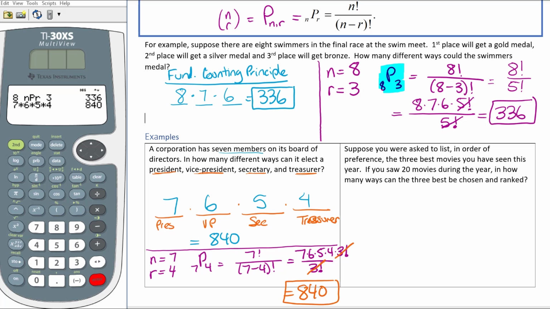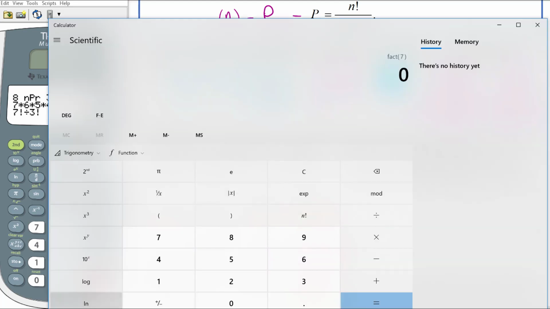Another way you could use your calculator is you could use your factorial button. We could have 7 factorial divided by 3 factorial. And that's still going to get you 840. Now let's say you had a different type of calculator that didn't have the nPr or nChooseR function on it.